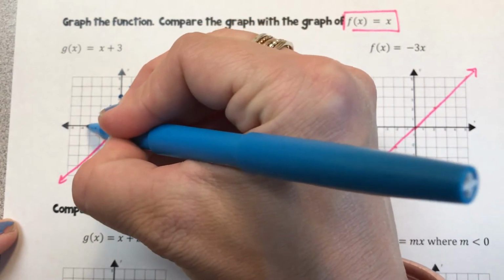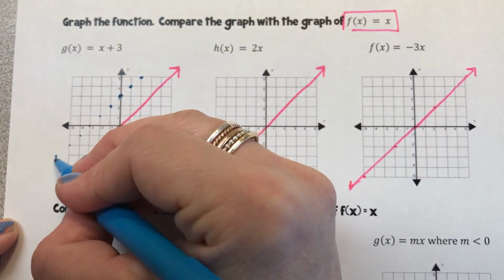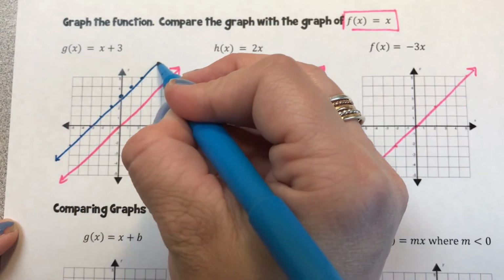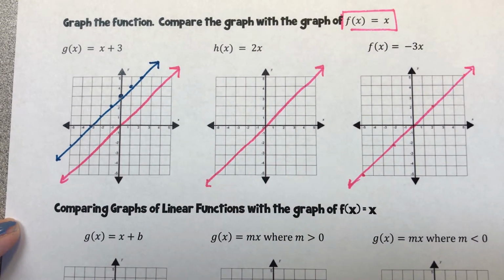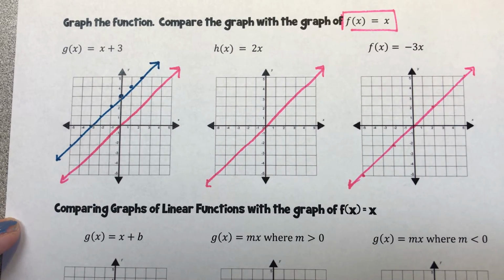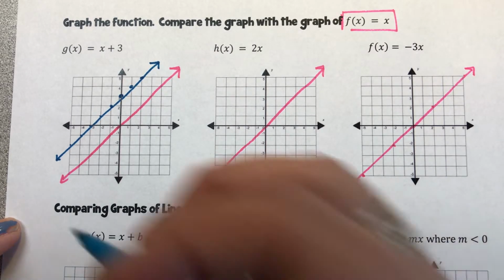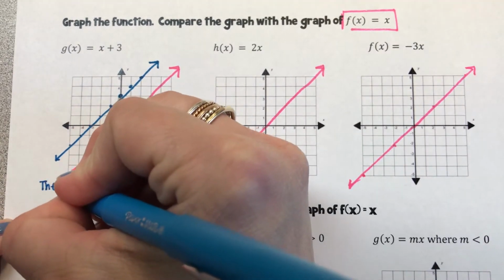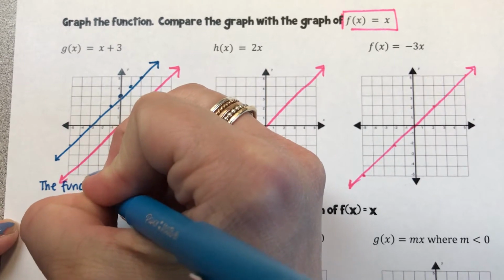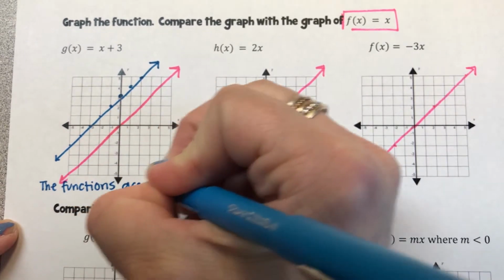Okay, so this line is going to look like this. Okay, so once you get your line, how could we compare them? What could we say? We could say, gosh, I didn't leave enough room. The functions are parallel.